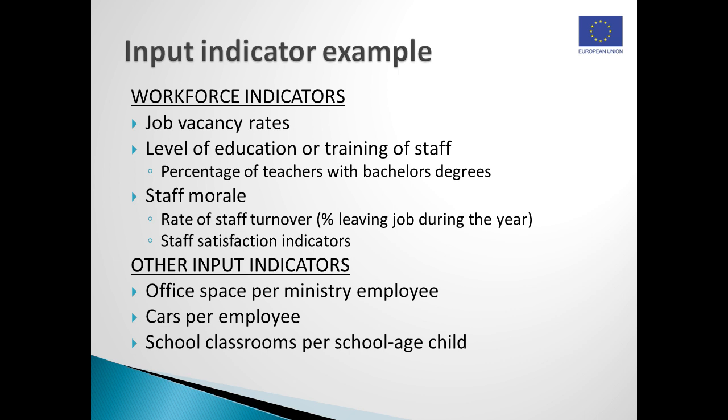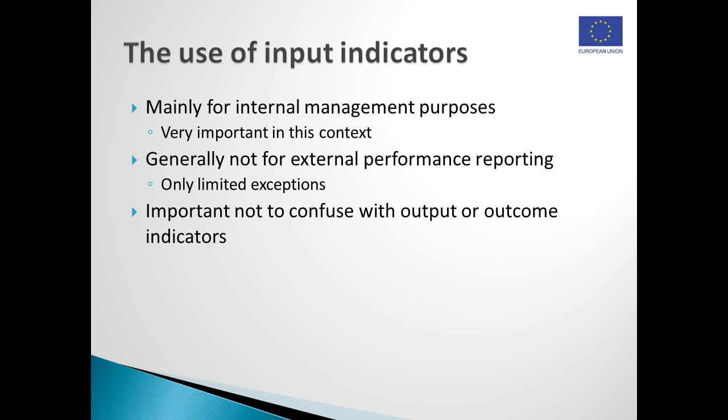Turning from workforce indicators to other types of indicators, we have examples such as a measure of office space per ministry employee, a measure of the number of cars per employee on average, or in a school context, a measure of school classrooms per school-aged child. This leads us to an important general point about the use of input indicators.